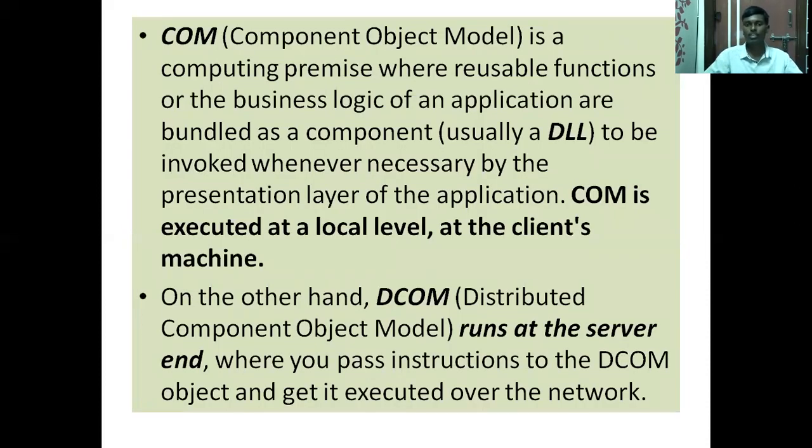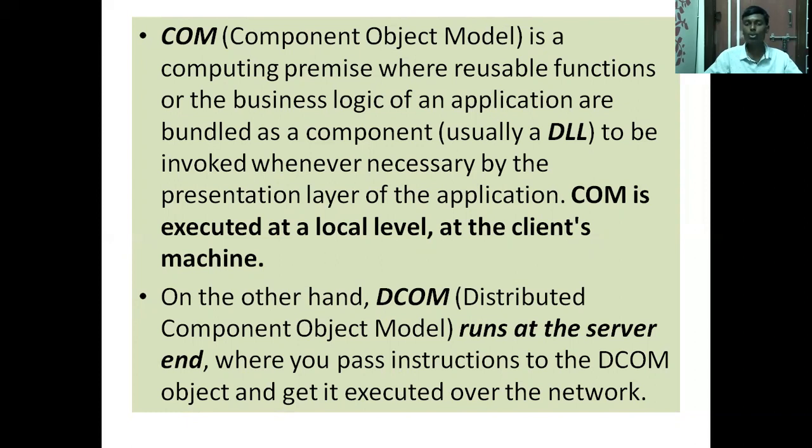Next, coming to the better option of COM and DCOM. COM is a computing premise where reusable functions or the business logic of an application are bundled as a component, usually as a DLL, to be invoked whenever necessary by the presentation layer of the application.